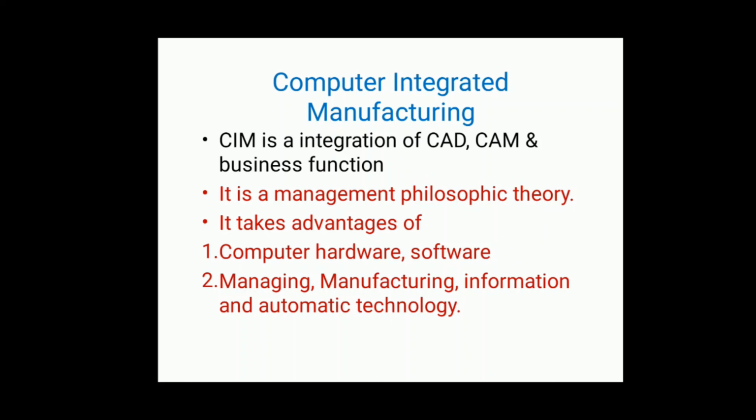It uses the computer to design, plan the production, control the production and perform the business functions. So these are some functions of computer integrated manufacturing.